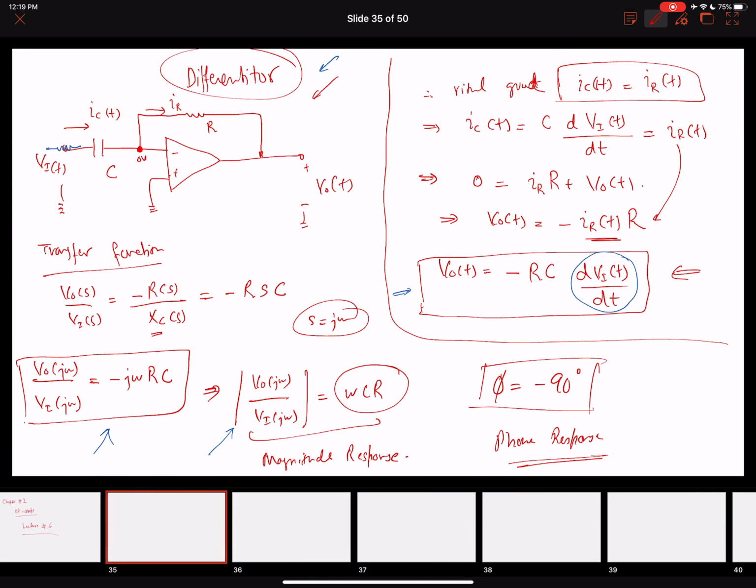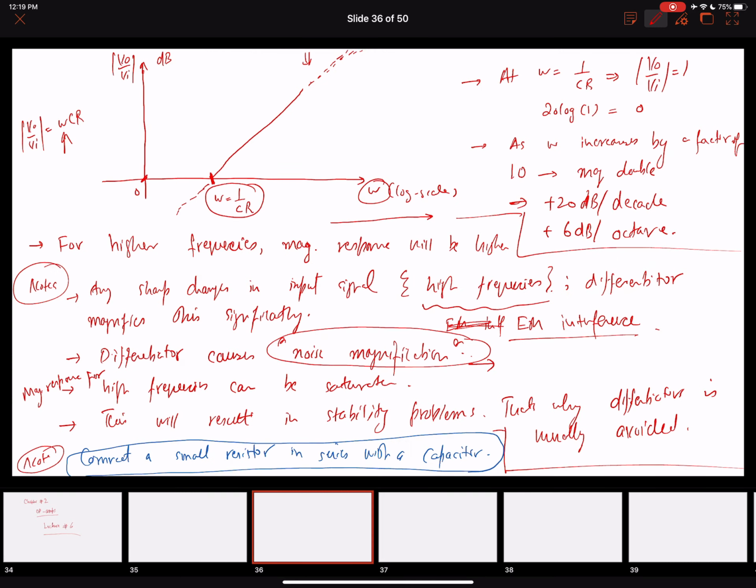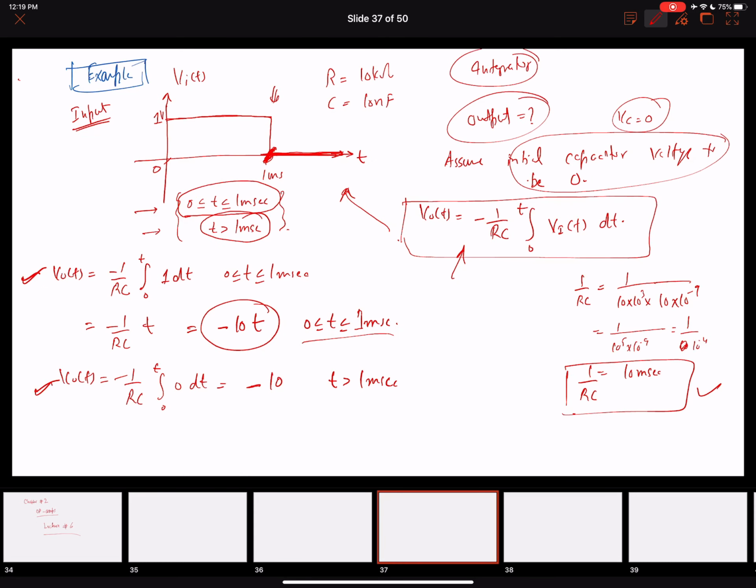In this lecture, we discussed differentiation, or how we can make a differentiator circuit using the inverting configuration. We talked about noise magnification, or high frequency changes, which this differentiator circuit amplifies. We can solve this by connecting a small resistor. And then we did one of the examples as well.